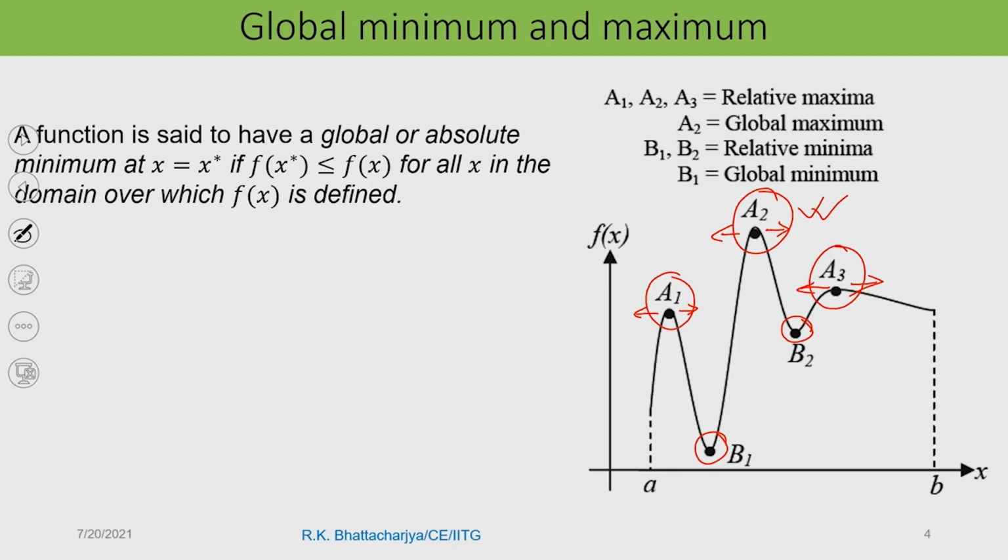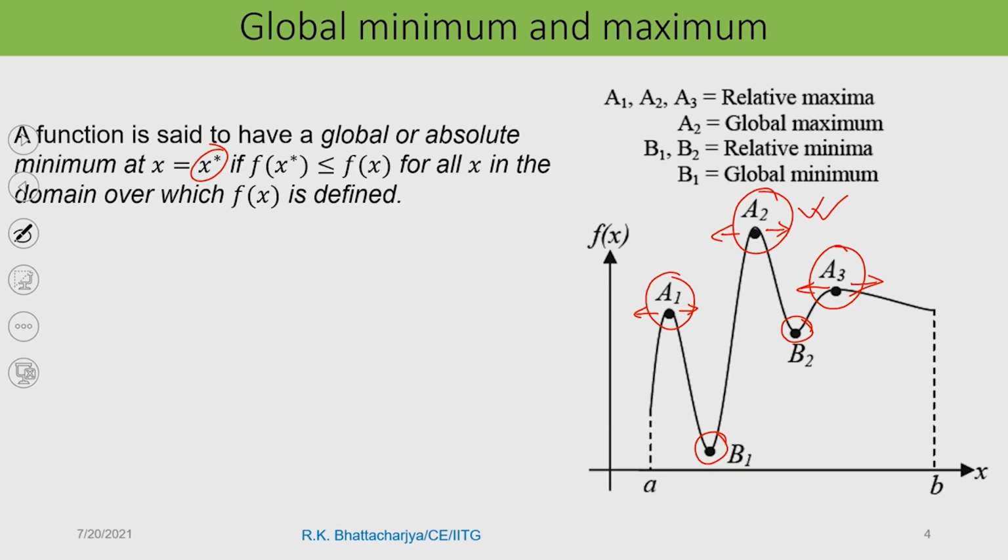So, let us see the definition of what is a global minimum or a global maximum. A function is said to have a global or absolute minimum at x equal to x star, a stationary point, if the function value at x star is less than f of x for all x in the domain over which f of x is defined.